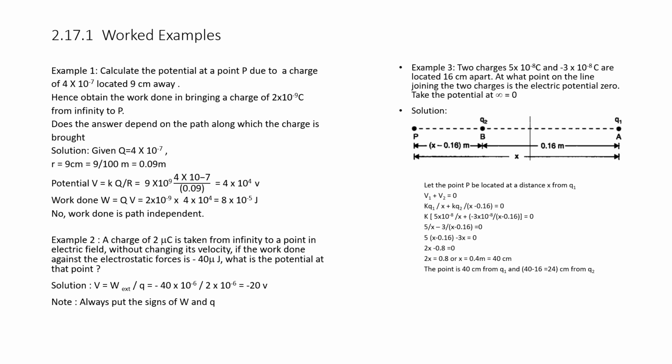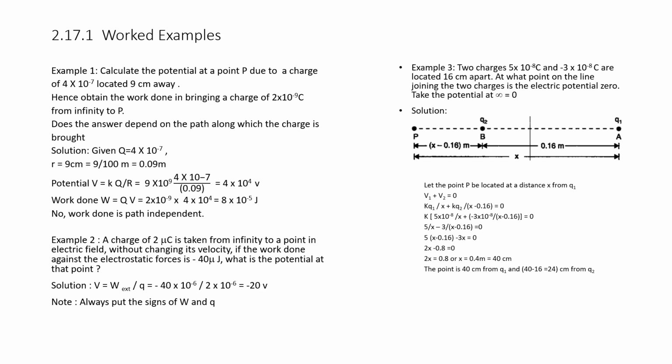So let the point P be located at a distance x from Q1. That is, V1 plus V2 should be equal to 0. Therefore, we have to put the individual formulas for V1 and V2.